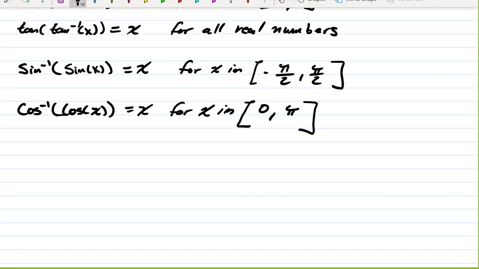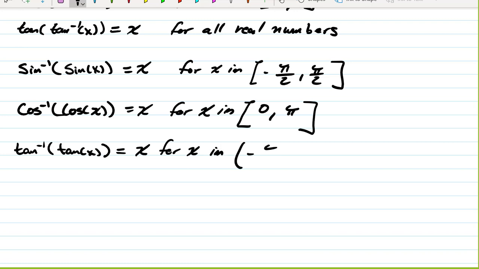And lastly, for tangent, the tangent inverse of the tangent of x is equal to x for x in -pi/2 to +pi/2.